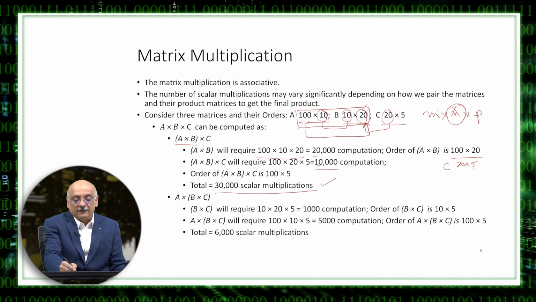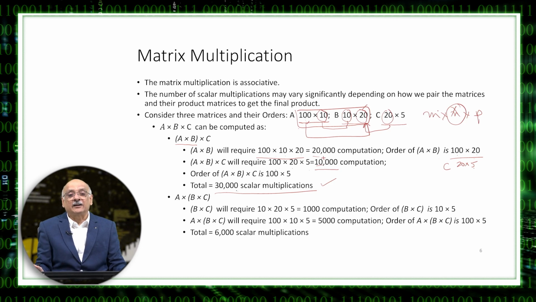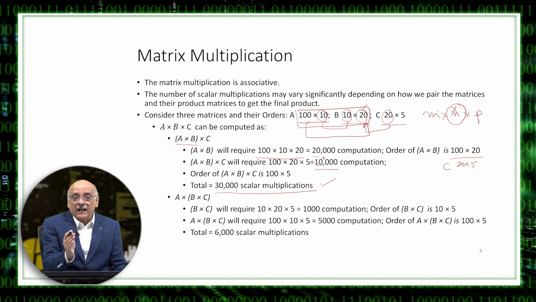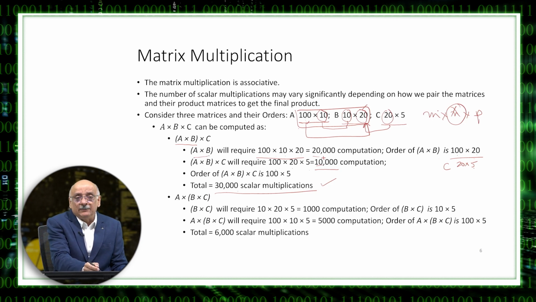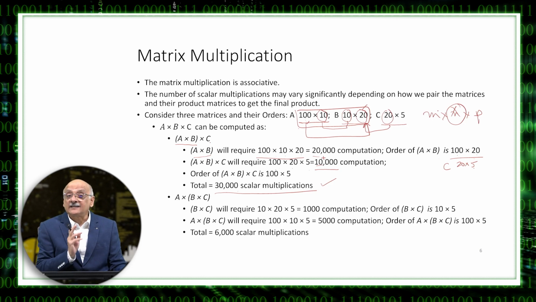If we sum these two up, we get the number of multiplications required if we first multiply AB and then multiply the result with C. Is there any other option?